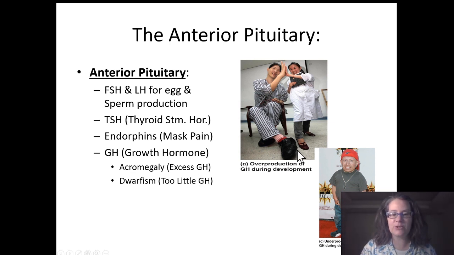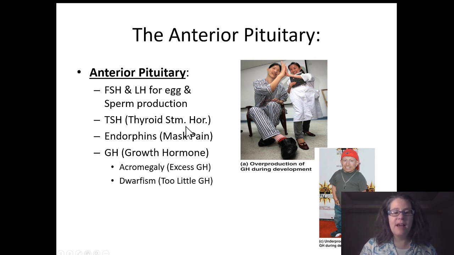I show a couple of pictures over here. One way to get acromegaly, or very tallness, is producing too much of this growth hormone. There are some forms of dwarfism that are genetic, like achondroplasia, which are genetic mutations. But there's also too little growth hormone being produced.